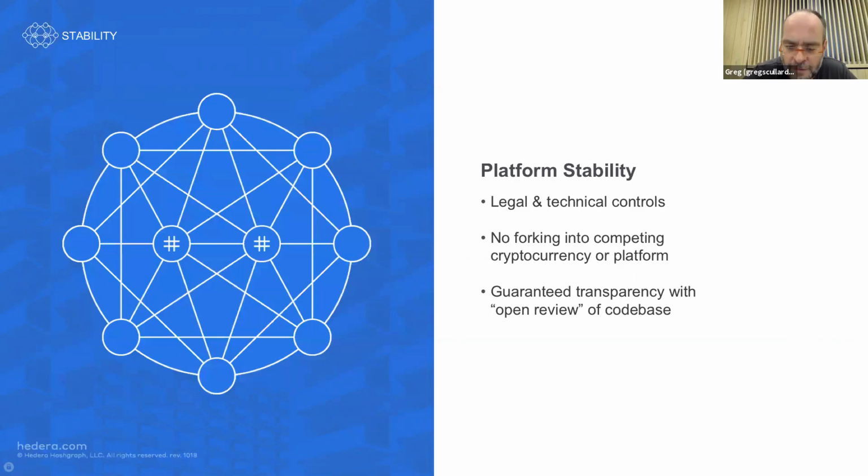And I was reading an article only as of yesterday saying that Hedera Hashgraph is closed source. It's not. It will be open review. Anyone will be able to inspect and compile the code and make sure that there are no backdoors. It was in that article.